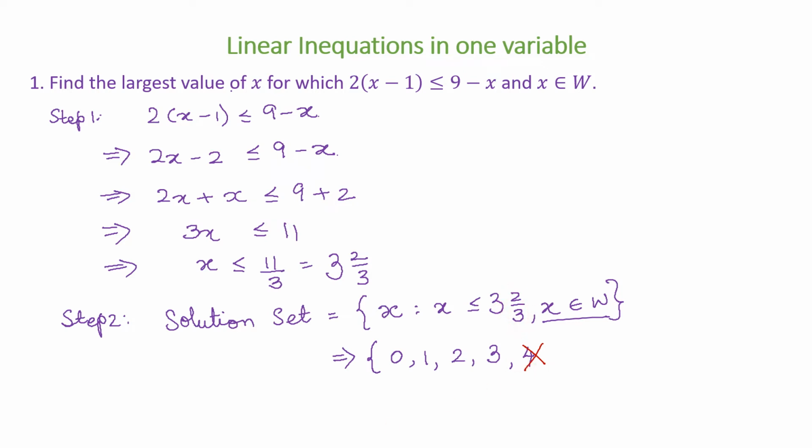My 4 will not be in this, and therefore I remove the 4 and I write down only till 3. Which implies, my question is what? Find the largest value of x. So therefore the answer will be the largest value of x is 3.